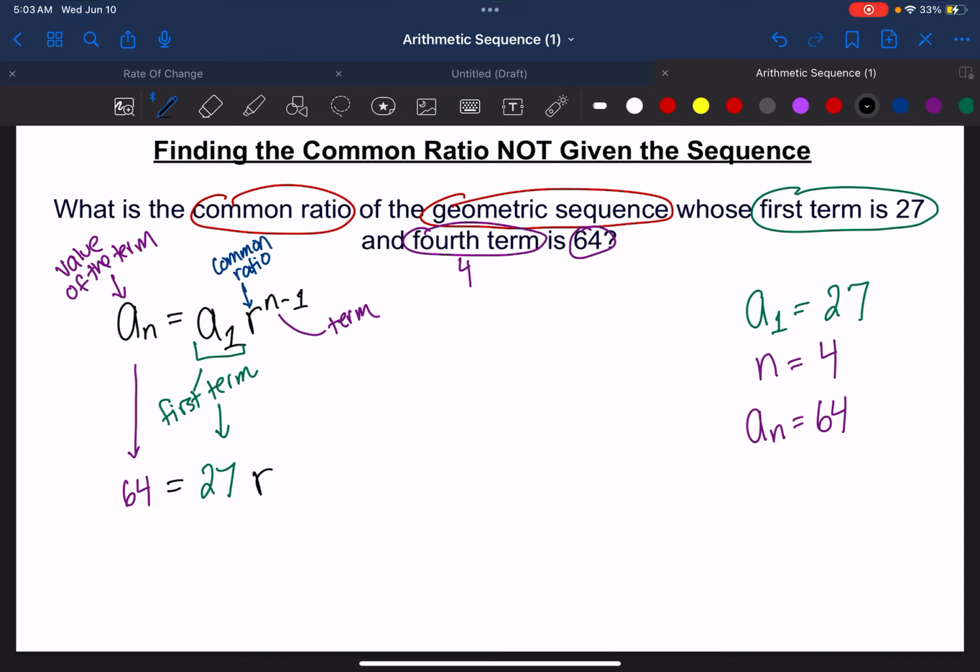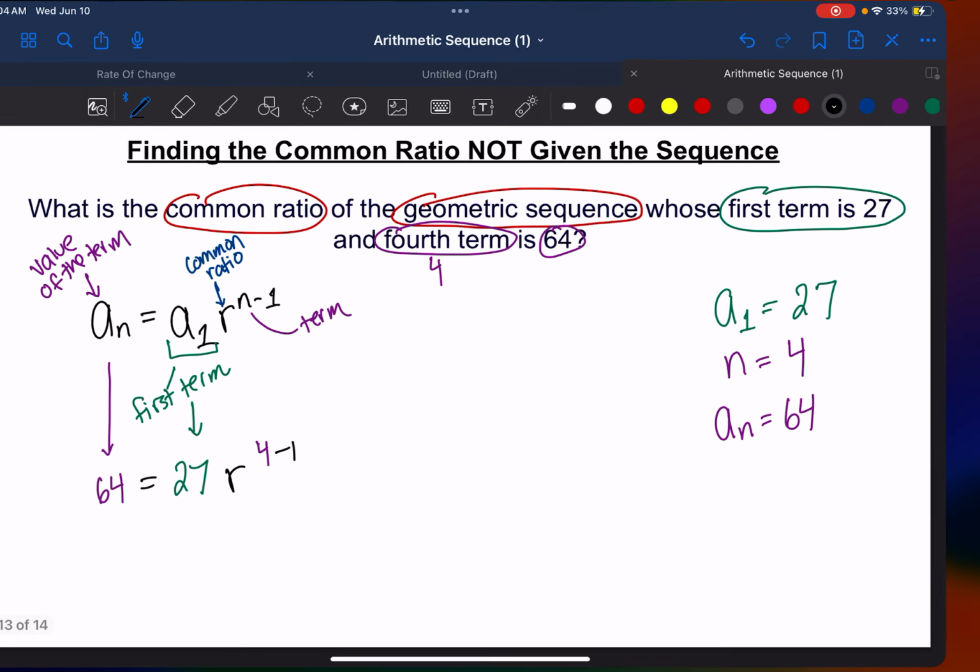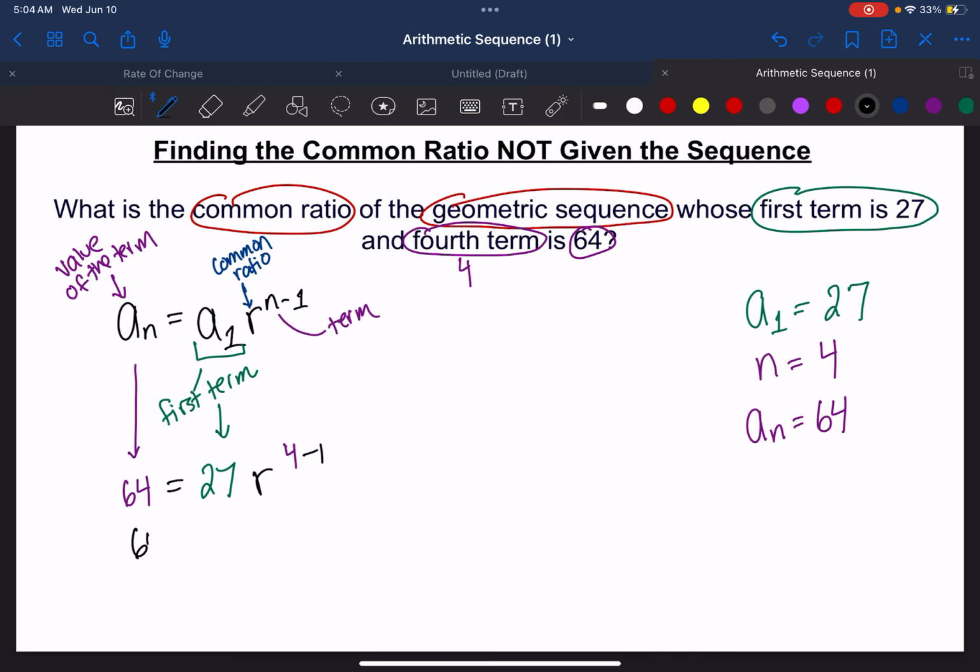And then we have that n is 4, so we can substitute up there 4 minus 1. Now let's make this equation look a little simpler. We're going to say 64 equals 27 times r, and our 4 minus 1 is 3.